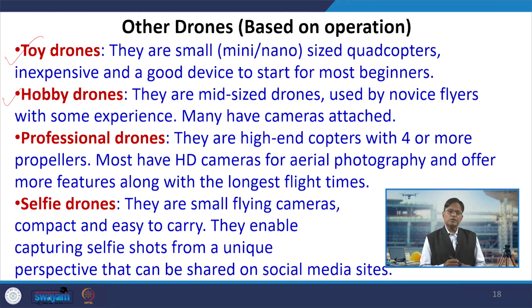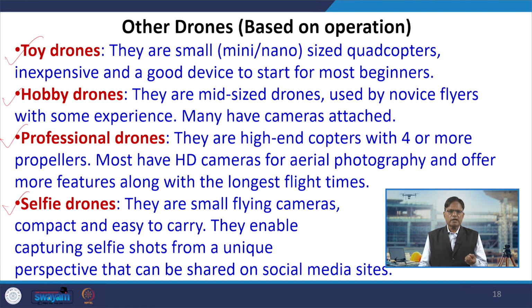Then the third category is the professional drones. As the name suggests, they are very high-end copters with 4 or more propellers. They have high definition cameras and other sensors for collecting aerial photography and associated data. They have more features along with the longest flying time. Then the next category is the selfie drone. These are small flying cameras.